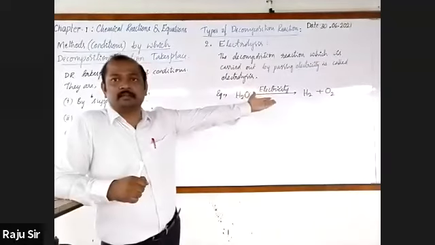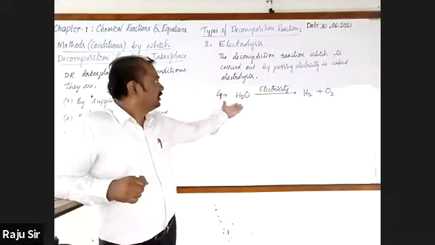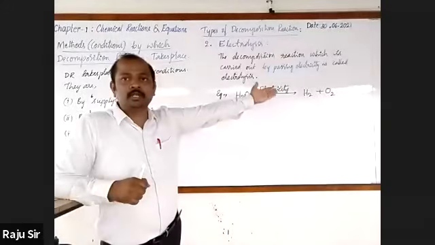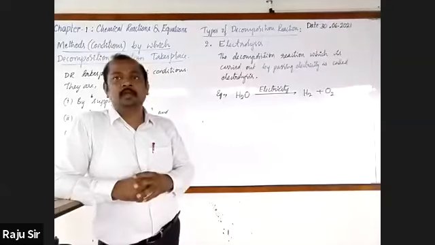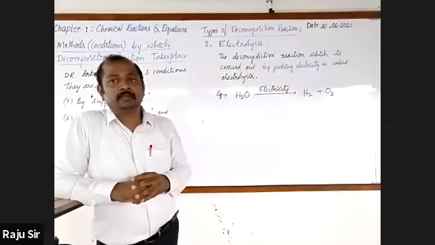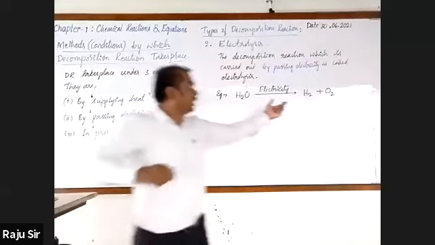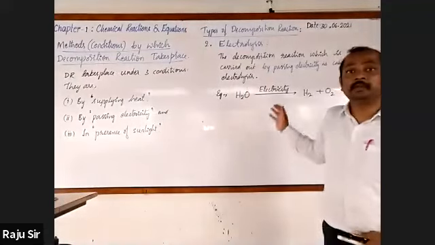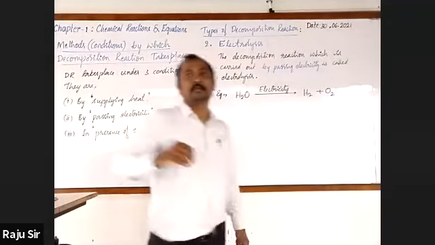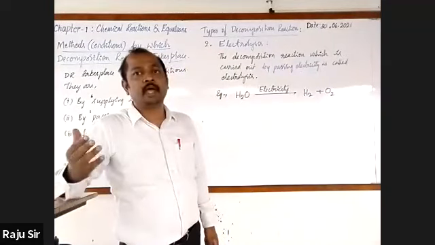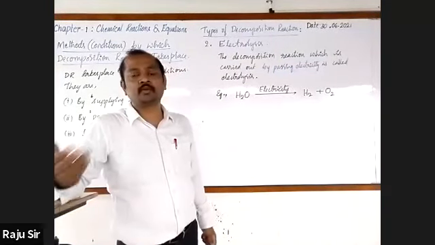It undergoes a decomposition reaction to produce hydrogen and oxygen. And we also know that these hydrogen and oxygen are formed near the electrodes. One is the positive electrode called anode, another is the negative electrode called cathode.